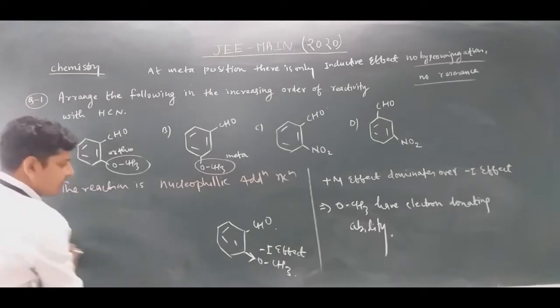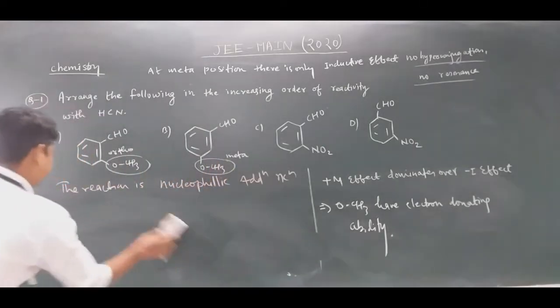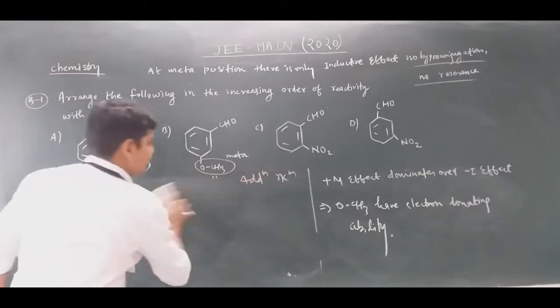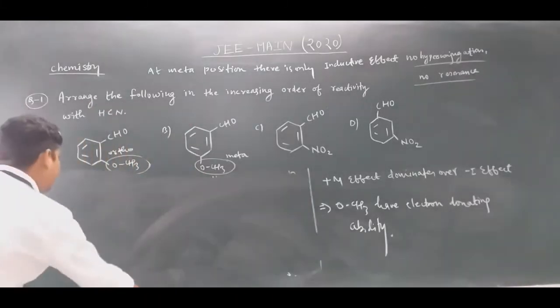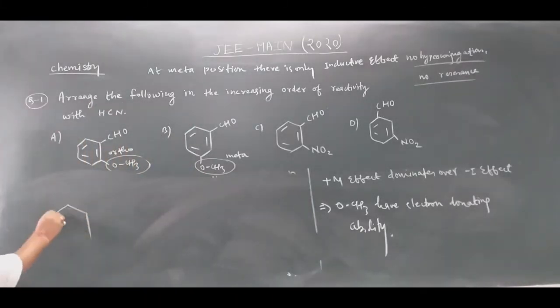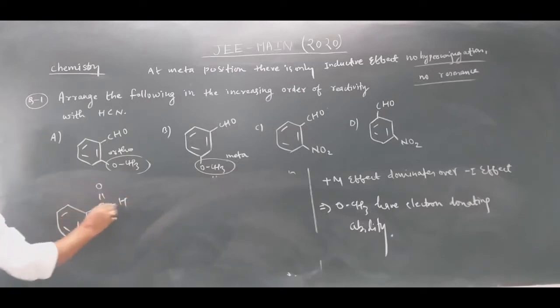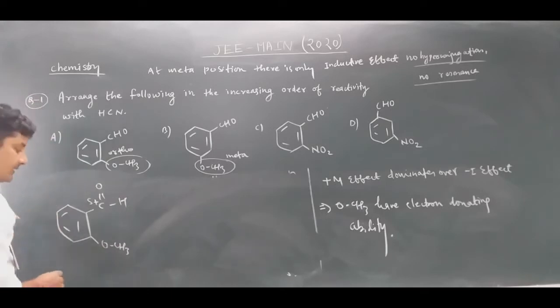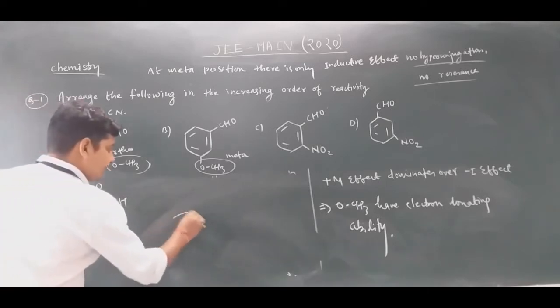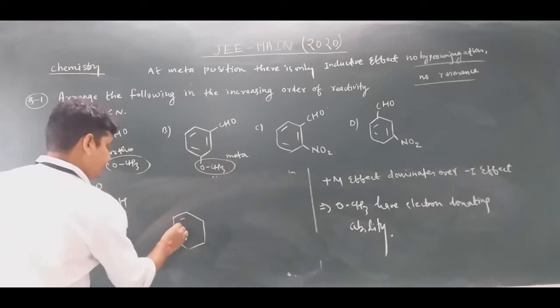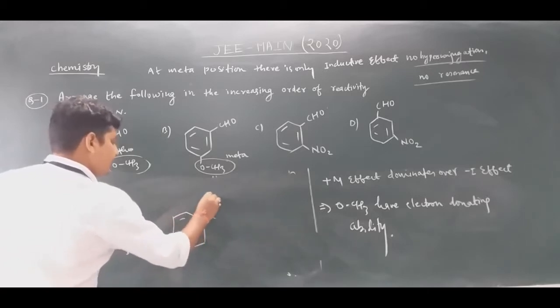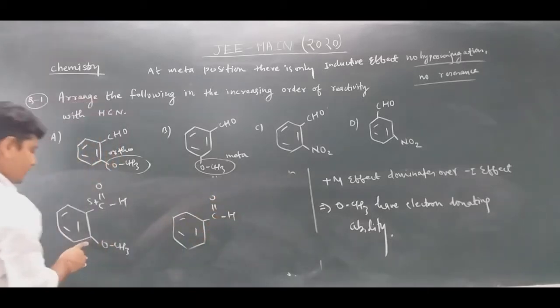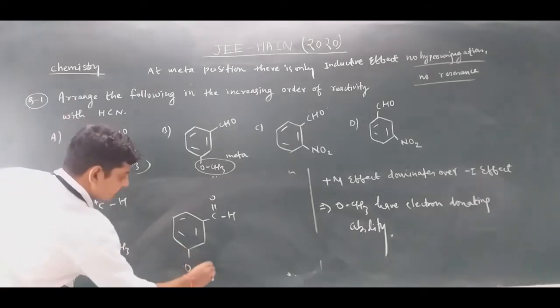So overall, what we have to see? Here there is aldehyde delta plus, okay, and here there is OCH3. We have two different positions for OCH3, one at ortho position and second at meta position.